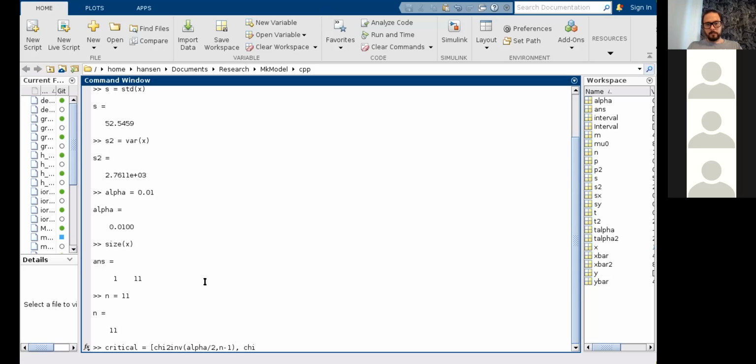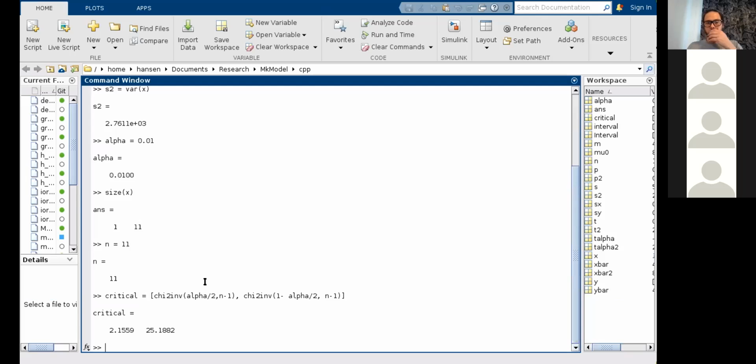And so we get this critical region, which is this. But now we have to calculate the W statistic, or the chi-squared statistic, where the hypothesized sigma squared should be 1,100, right?